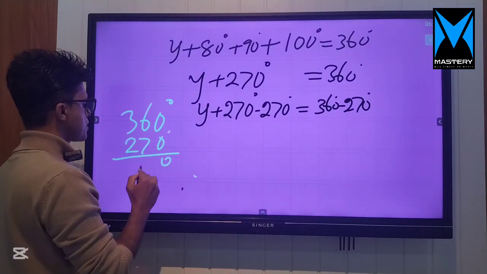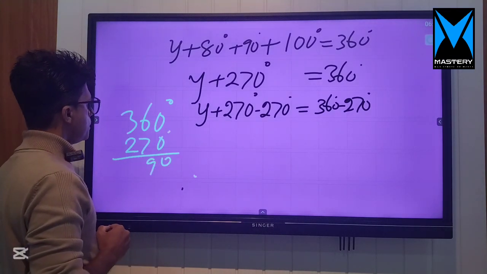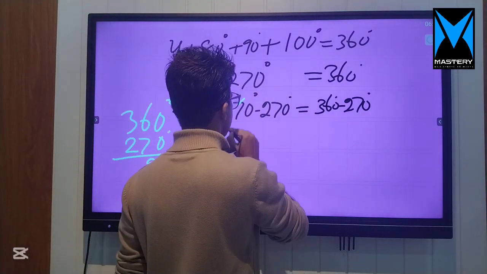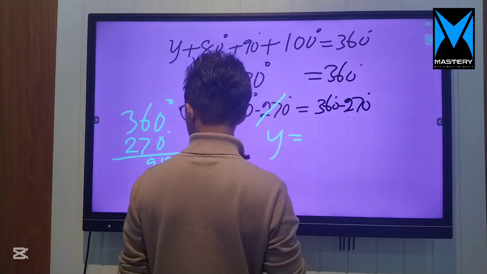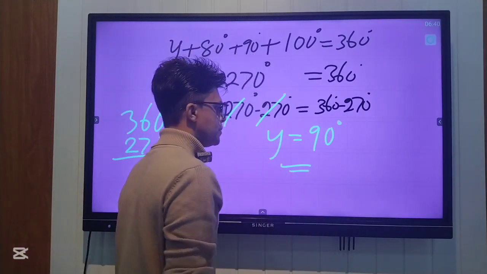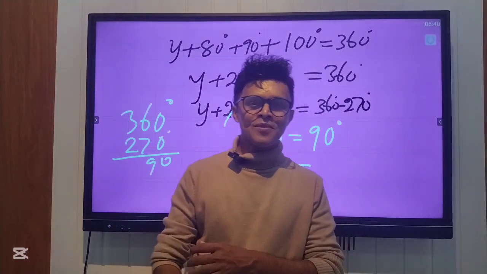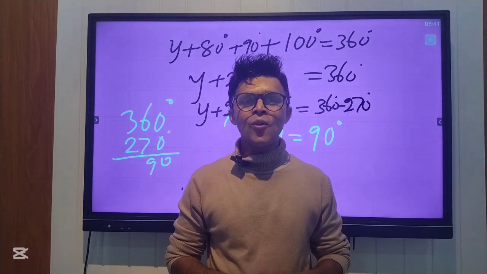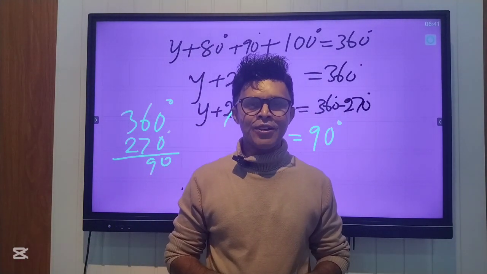So 16 minus 7 is 9. So the value of y equals 90 degrees. So this is the content that you need to know in this grade, in this lesson.